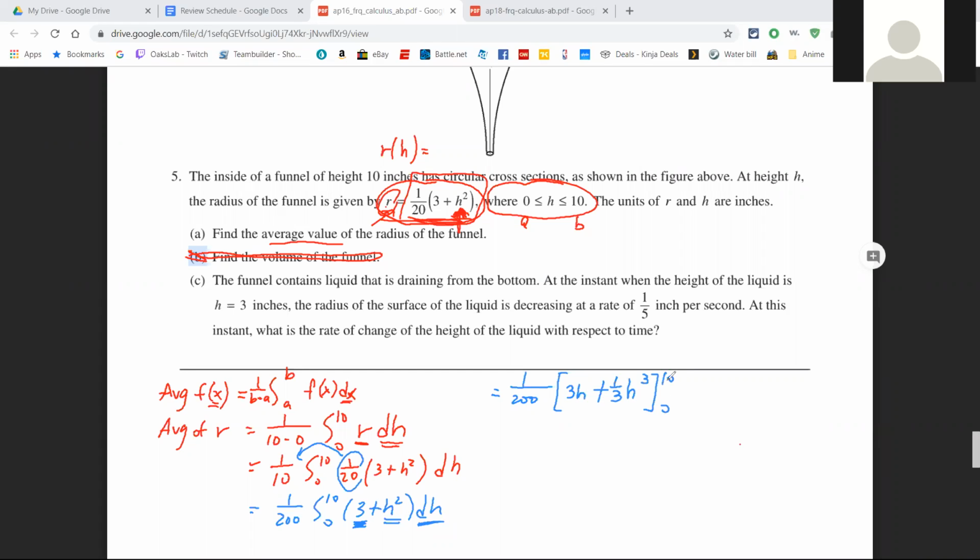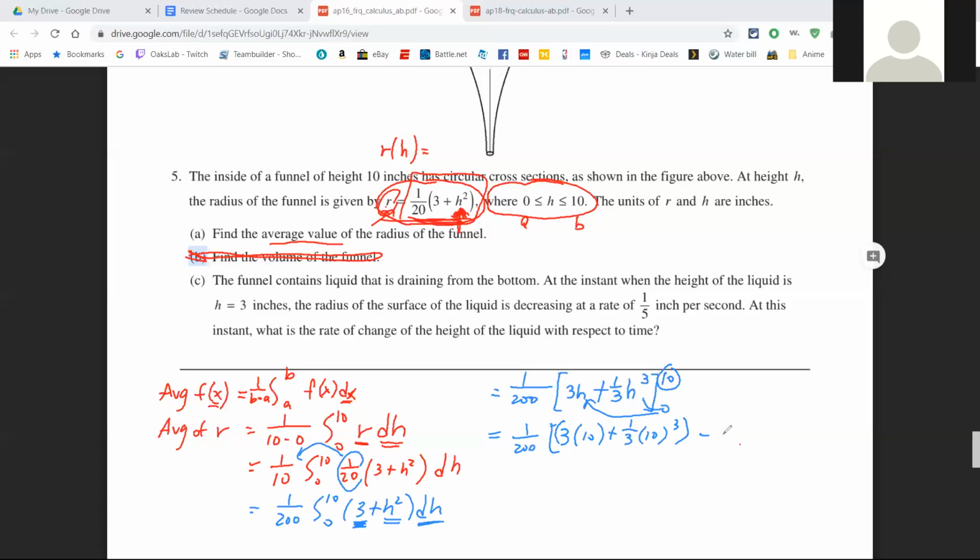Right? And the next thing you're going to do is plug in the 10. So all of that is when you plug in 10, minus, and if you plug in 0, that is 0.